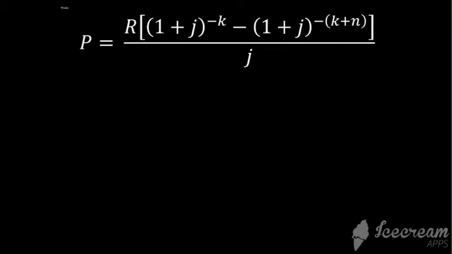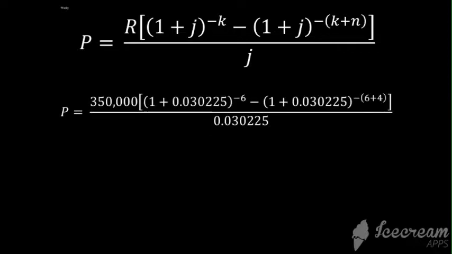Now let's compute the present value of this deferred general annuity. Substituting the given.